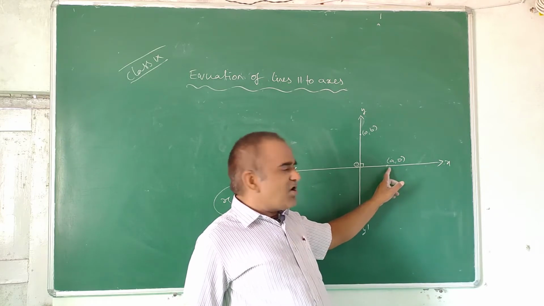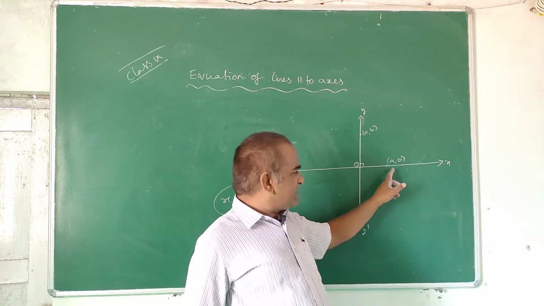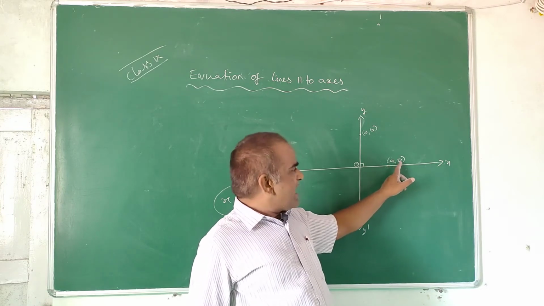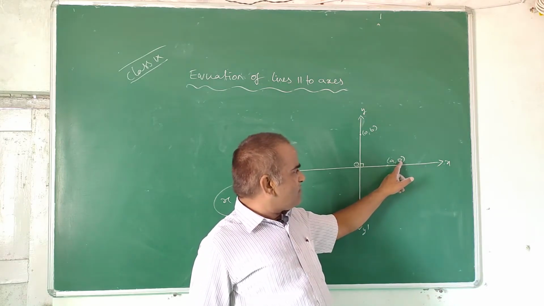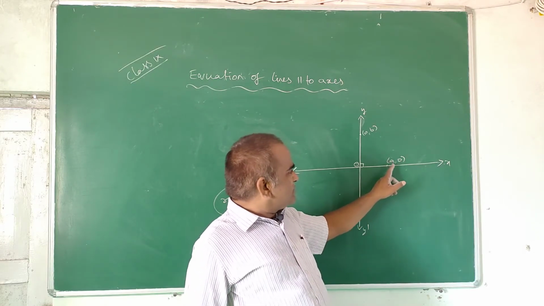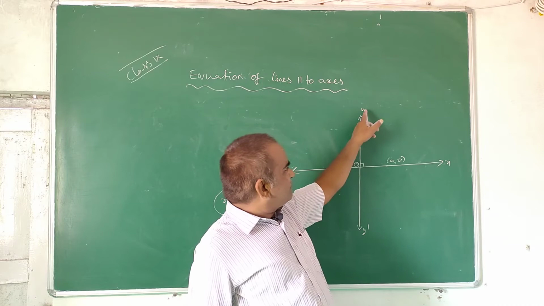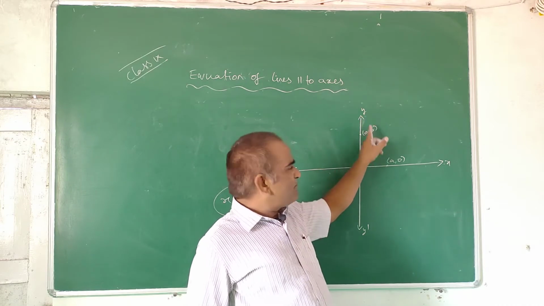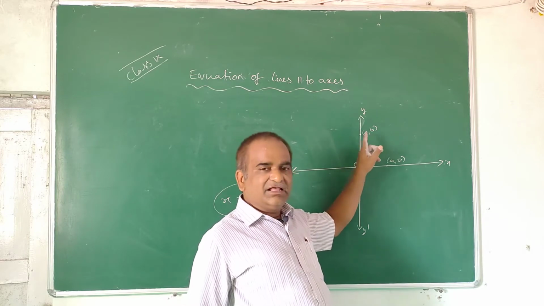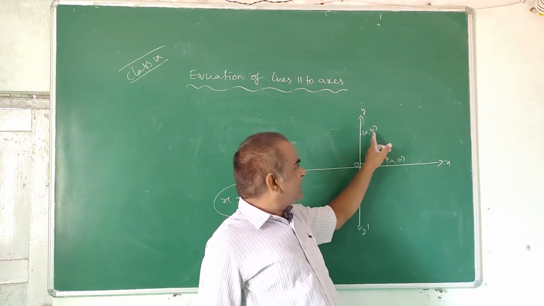Any point on x-axis will have y equal to 0; the y-coordinate will be 0. Any point that lies on y-axis has x-coordinate 0.